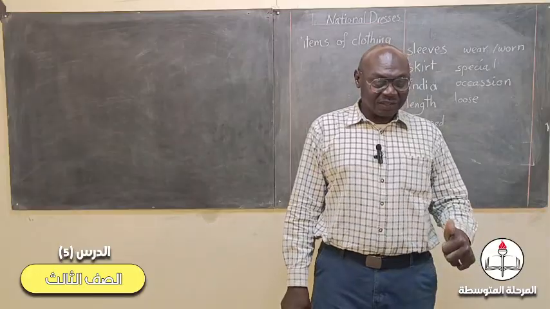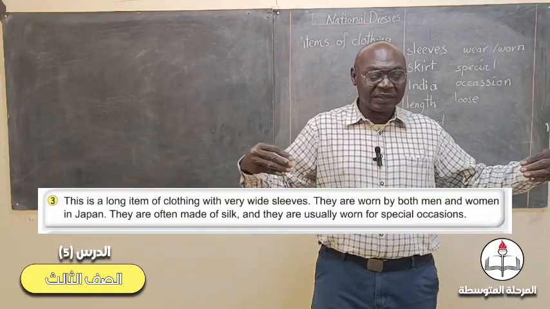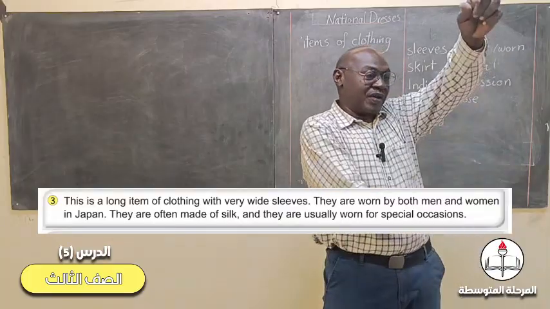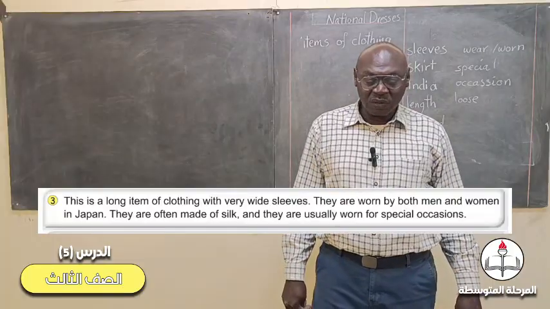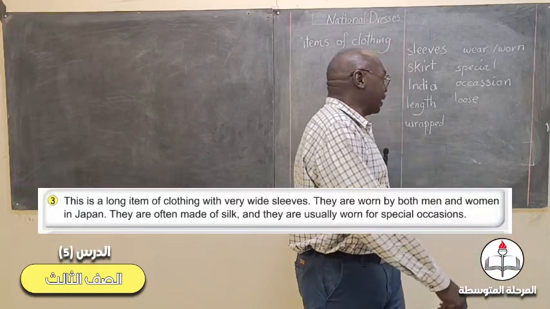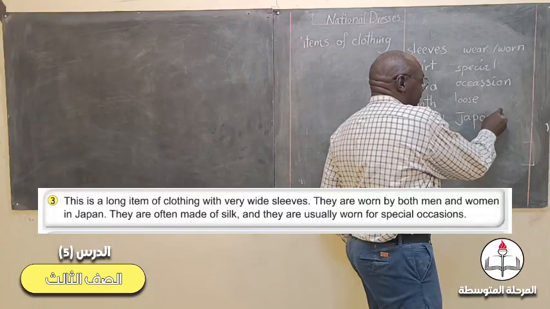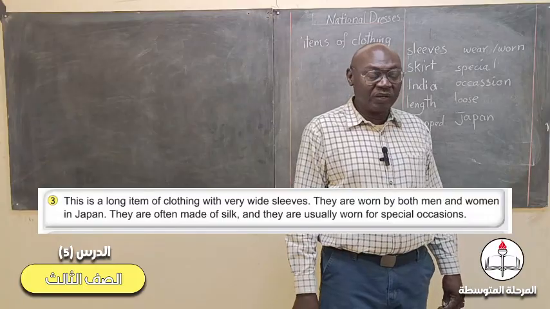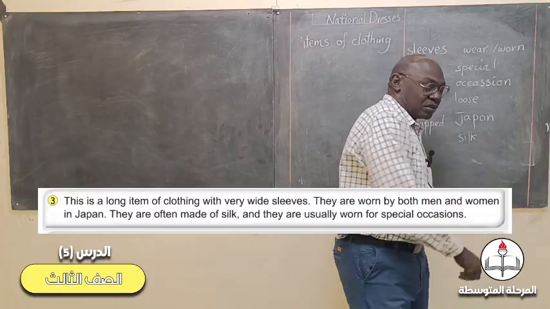Excellent. Let's go to number 3. This is a long item of clothing with very wide sleeves. They are worn by both men and women in Japan. They are often made of silk, not cotton, made of silk.